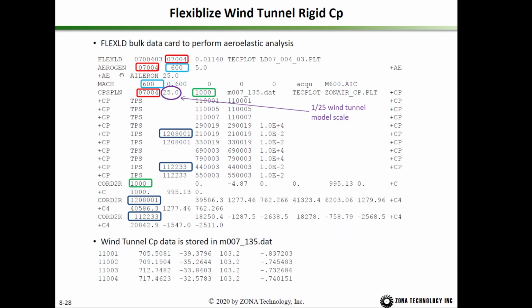So this is the CP card. This is an aerodynamic card, and with this ID, it will refer to a Mach card, and the Mach number is 0.6. We acquire the AIC, and the angle of attack is 5 degrees, and the aileron is at 25 degrees deflection. This is for the fuselage, this is for the engine nacelle, and this is for the pylons.